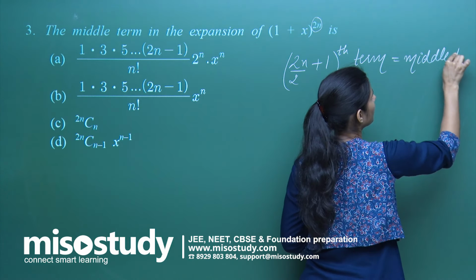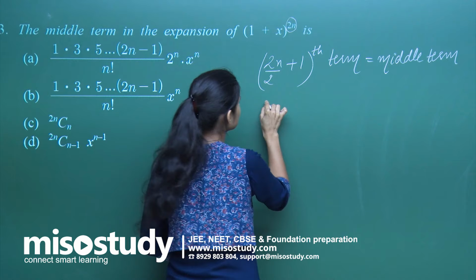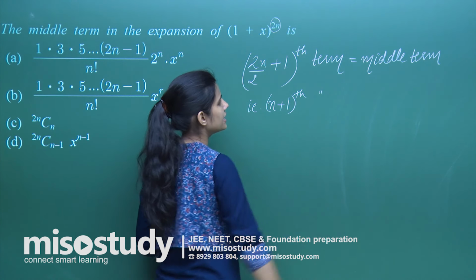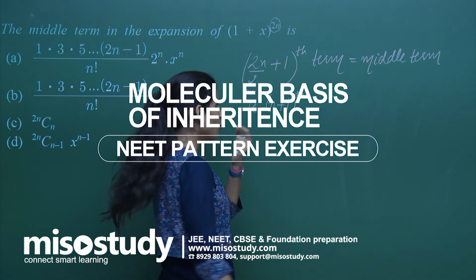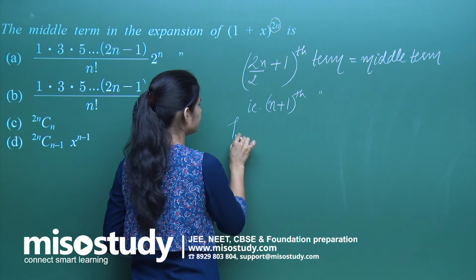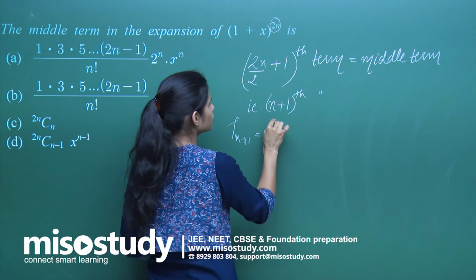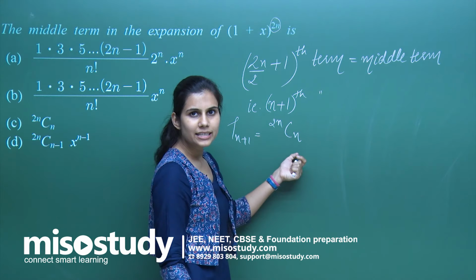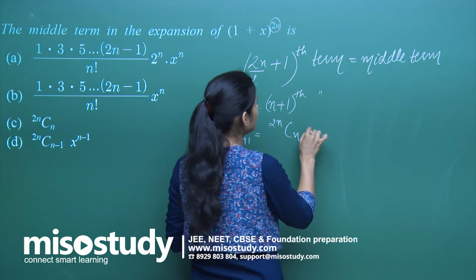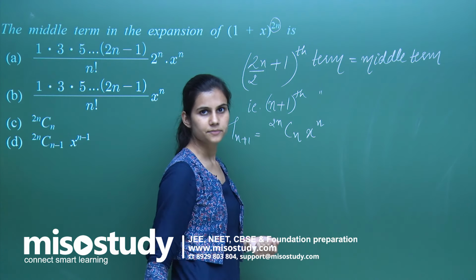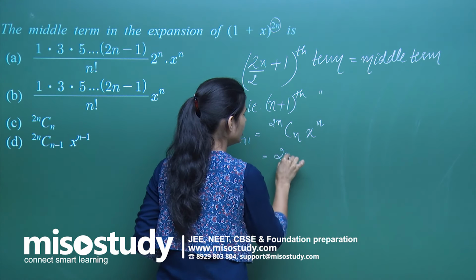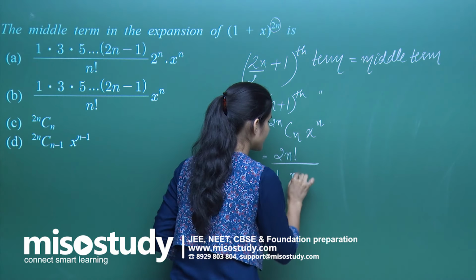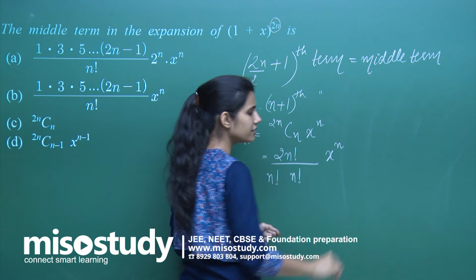That means the n plus 1th term is the middle term, right? What is the n plus 1th term? So index is 2n. 2n Cn, 1 to the power 2n minus n, that is 1 only, into x to the power n. So this is 2n factorial upon n factorial into 2n minus n, that is again n factorial, into x to the power n.